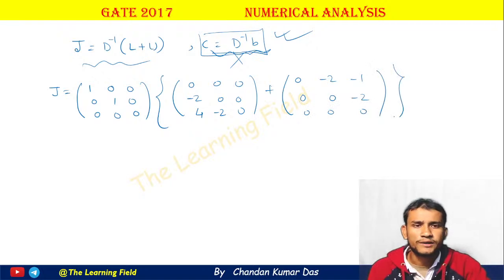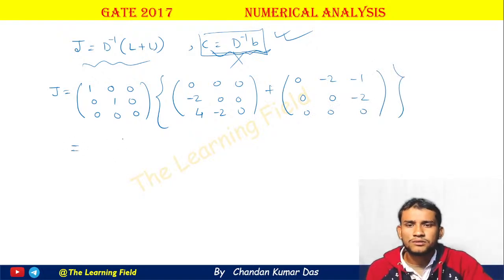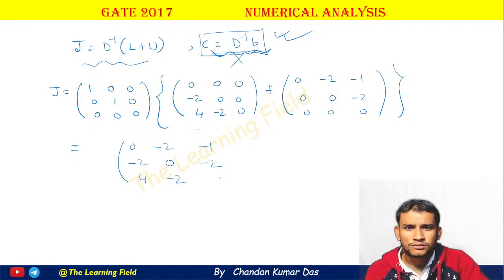So this is the matrix. Since multiplying by the identity leaves it unchanged, J equals 0 minus 2 minus 1, minus 2 0 minus 2, and 4 minus 2 0.